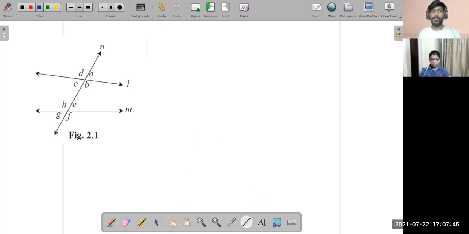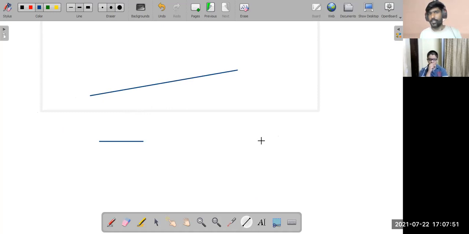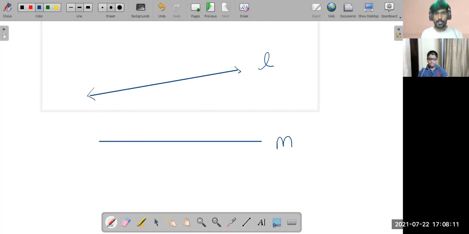If you have two lines, okay, don't look at this figure. Two lines, not necessarily parallel, they can be non-parallel also. I'll name this line L and I'll name this line M. I'll put arrows.